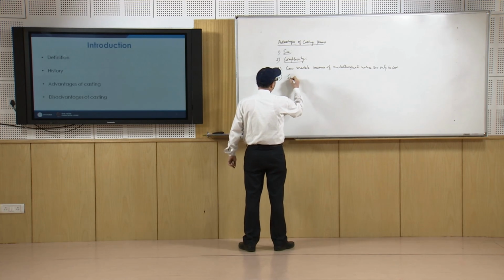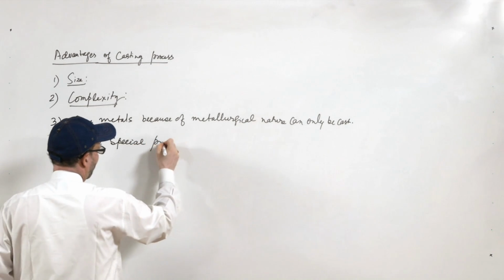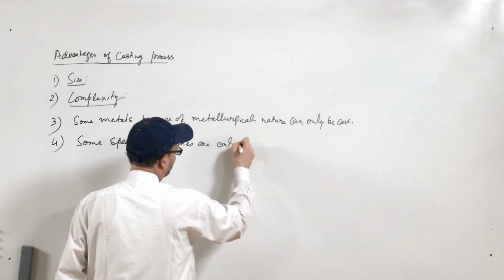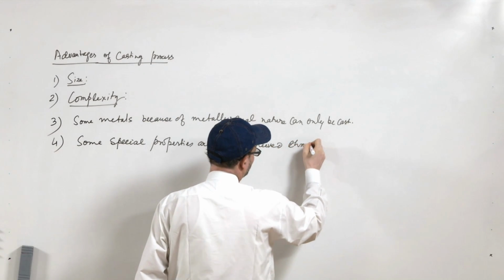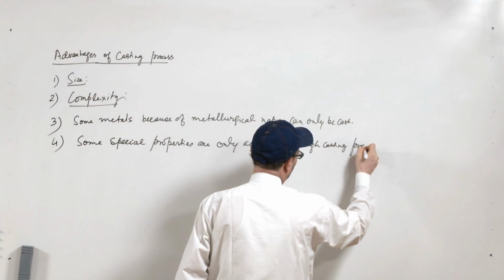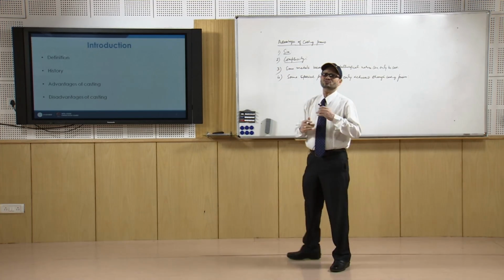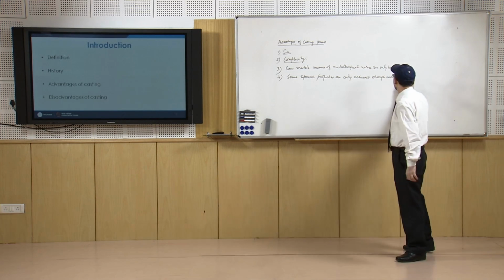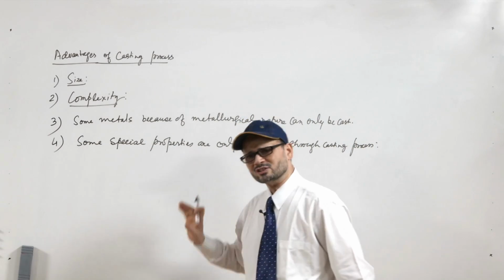Now, some special properties are only achieved through the casting process. When we talk about certain metals, some of the qualities are only achieved by casting.